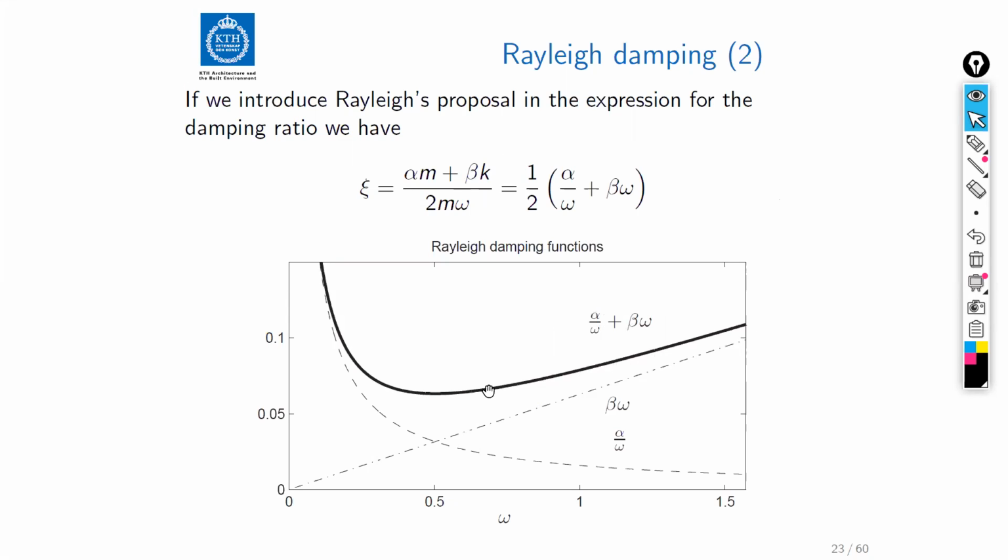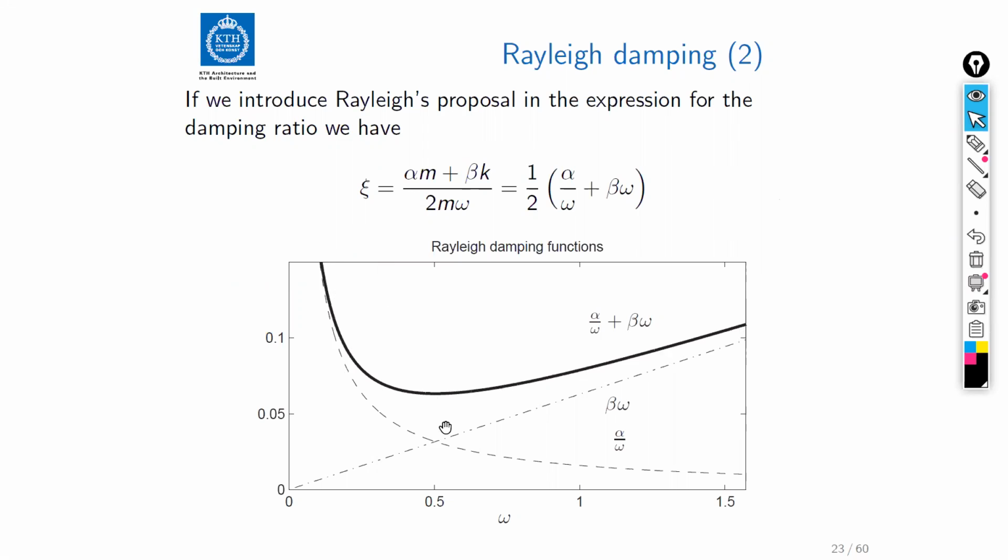So depending on how we choose alpha and beta, we will get different damping ratios as a function of the frequency here. So this is the drawback, of course, that this particular form of the Rayleigh damping will always give us a damping function that depends on the frequency in this way. So if we are only interested in one particular frequency, then we can always choose alpha and beta to fit that one frequency.